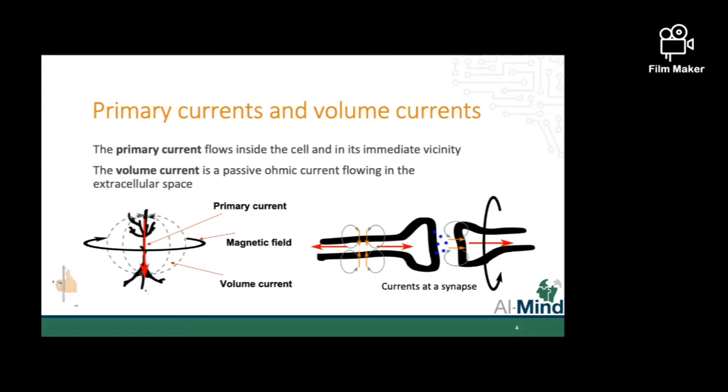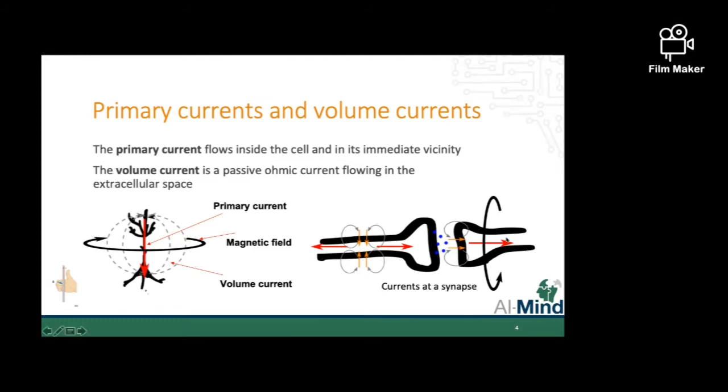It flows inside the cell and in its immediate vicinity. Whereas volume currents are passive ohmic currents that flow in the extracellular space. And they arise because there can be no buildup of a charge in a conducting medium. So therefore, we have these return currents flowing.